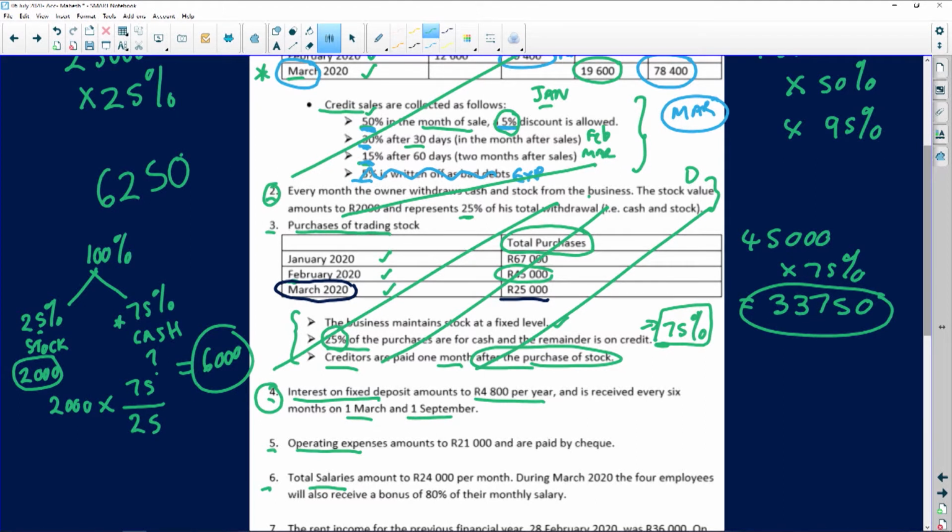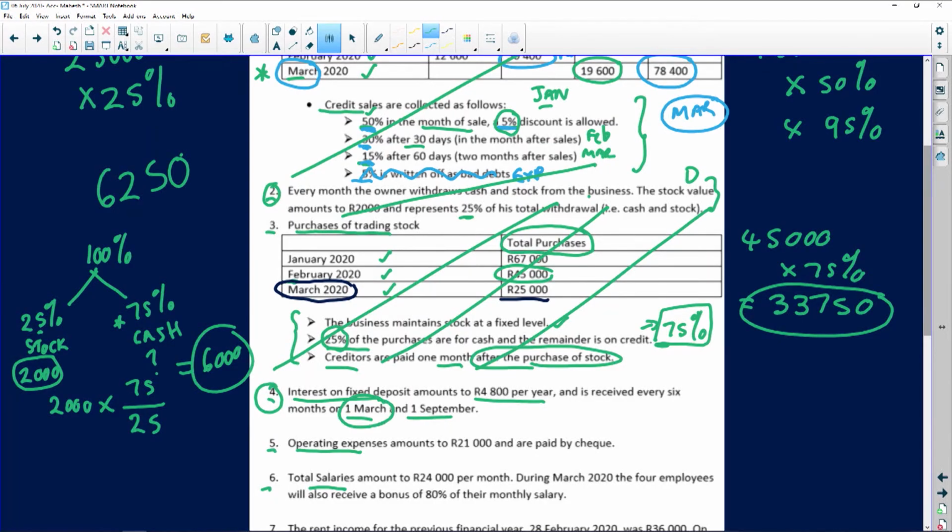Right, so once again, remember, the focus is on what you are expecting to receive in the budgeted month of March. So in March, you're going to be receiving half the interest for the year, interest for 6 months. The total interest, 4,800, is for the entire year, so I need to divide that by 2.